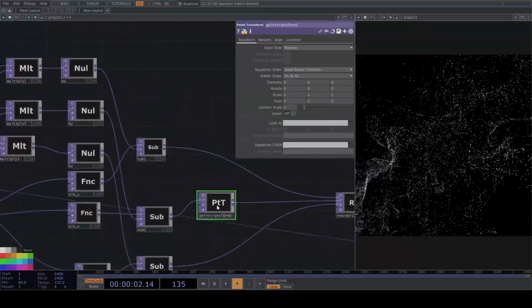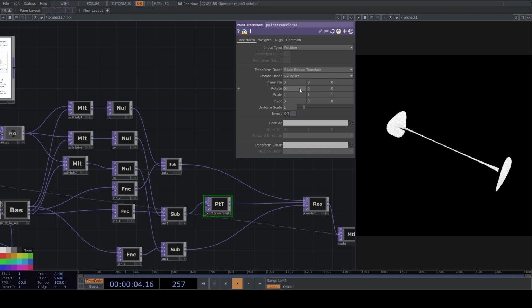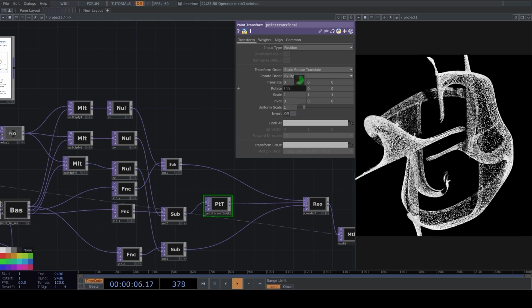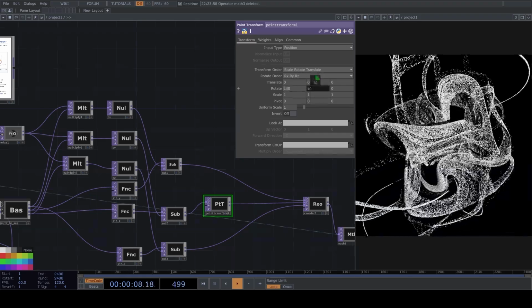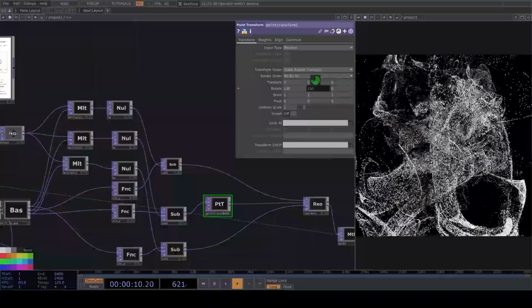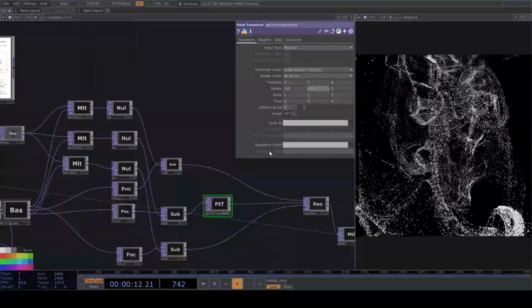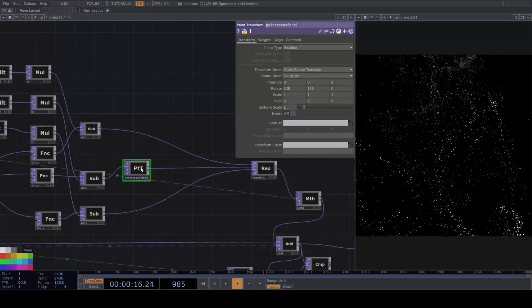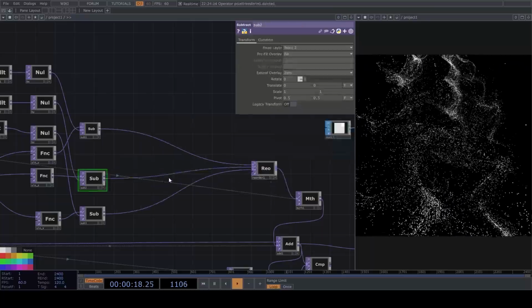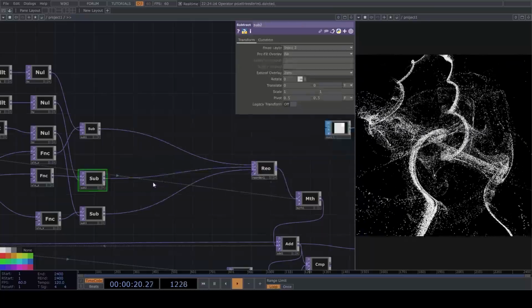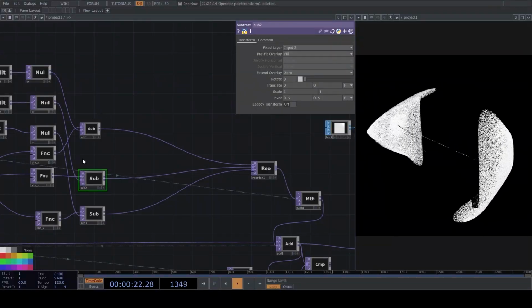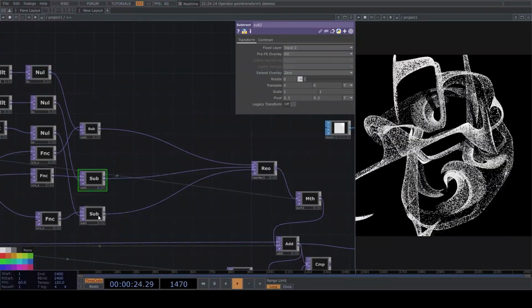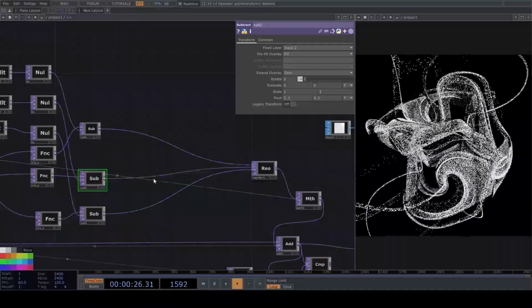Also a nice way to play with it is to try to find different combinations between these components.